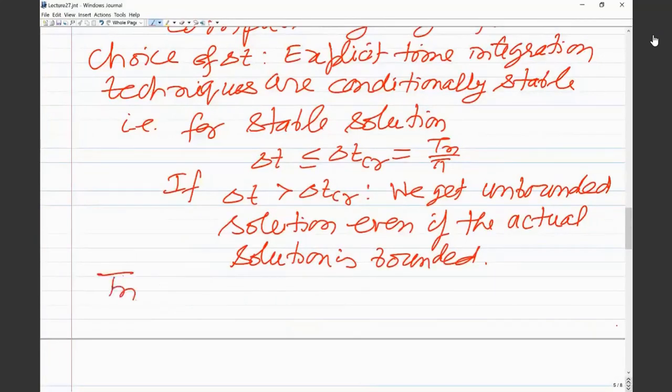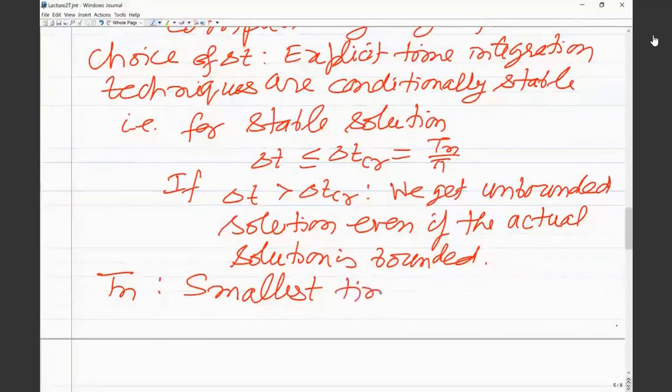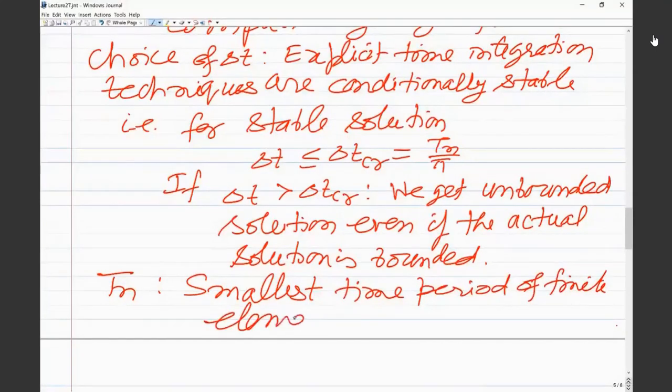Now the next question is, how do we get Tn? This Tn is the smallest time period of the finite element assembly. The smallest time period means corresponding to the highest natural frequency. So the smallest time period of the finite element mesh and assembly we are using, after imposing the boundary conditions.